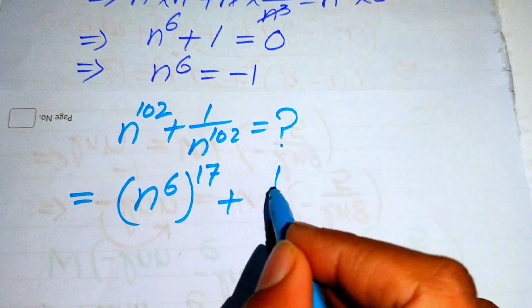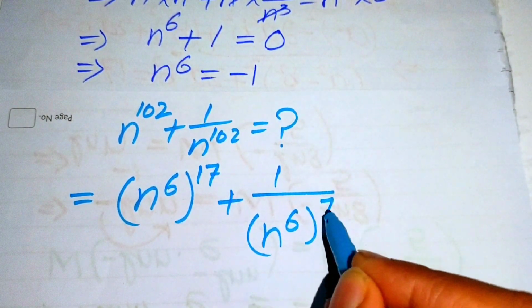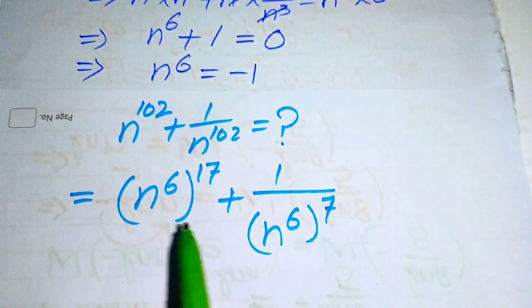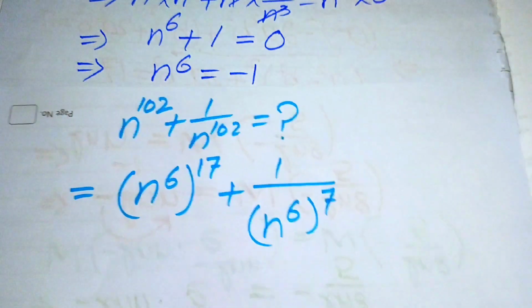Similarly we write it as 1 over n to the power of 6 and its whole power 17. Now we substitute the value of n to the power of 6, and we know that n to the power of 6 equals minus 1.